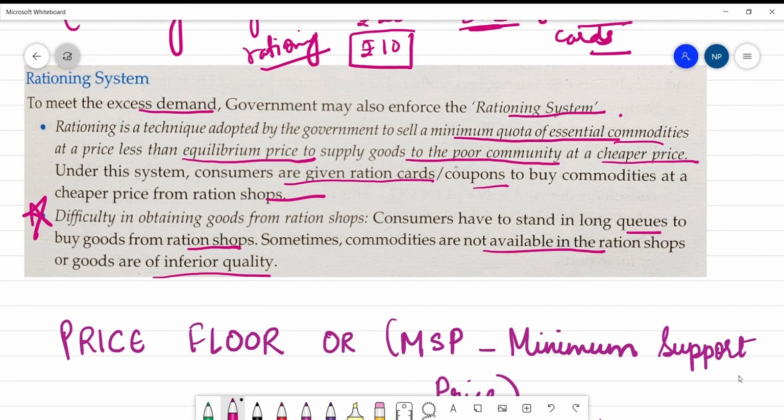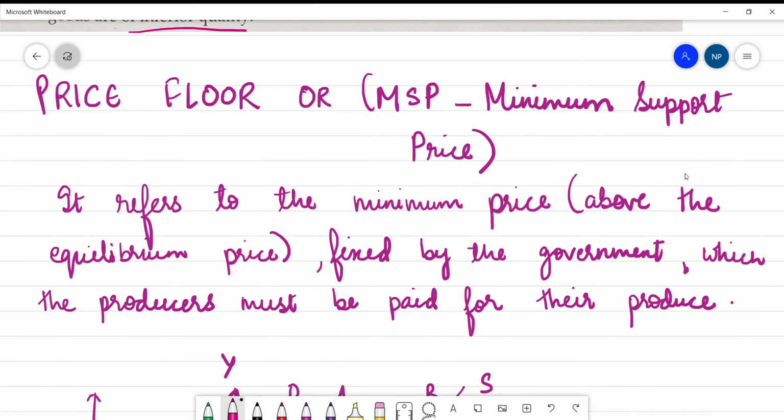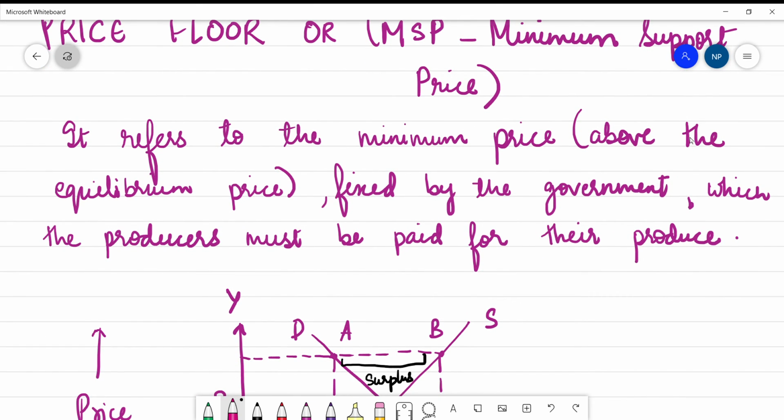Next, we come to price floor or MSP, that is, minimum support price. Now we have seen the price ceiling that the government sets for the poor people to purchase products. In a price floor or minimum support price, the government also intervenes in the process of price determination.